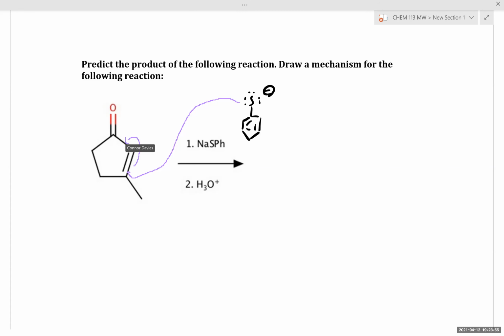Yep, in typical 1,4 addition fashion, the sulfur nucleophile will attack the beta position and generate an enolate. So from here, now that we have this enolate, which is a basic species, if we treat it with acid, what happens in the second step?